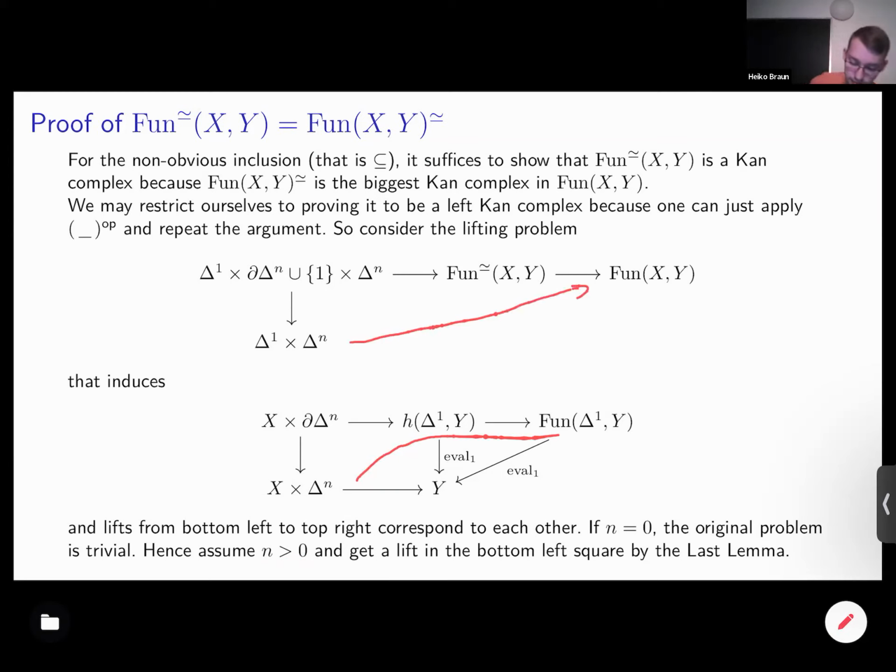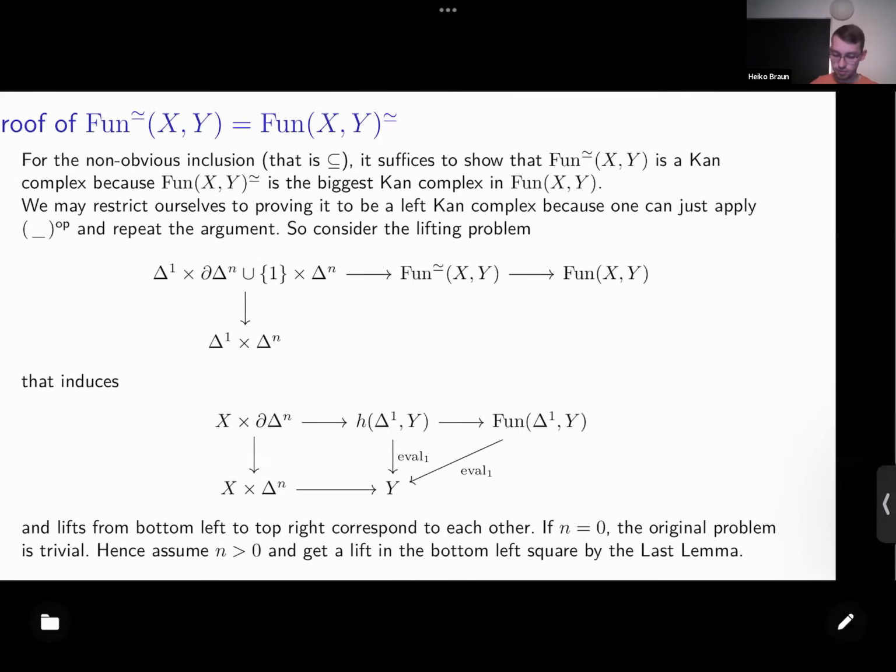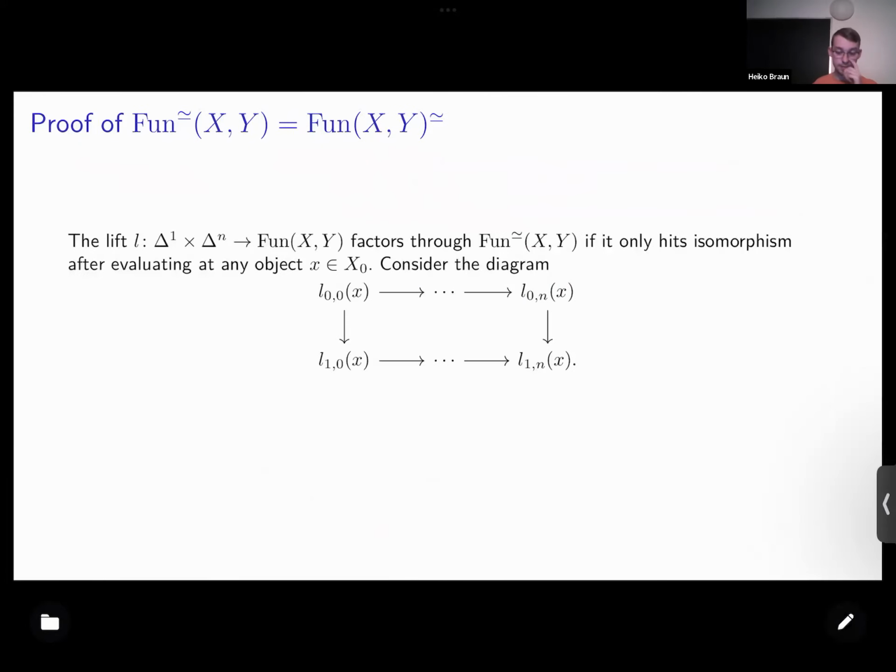And now to again see that this actually goes to here, we look at two diagrams again. So what we need to do is we rewrite it a bit, and the lift is characterized by such a map. And we need to show that it goes through the object-wise invertibles. And this happens if and only if it only hits isomorphisms after evaluating at any object.